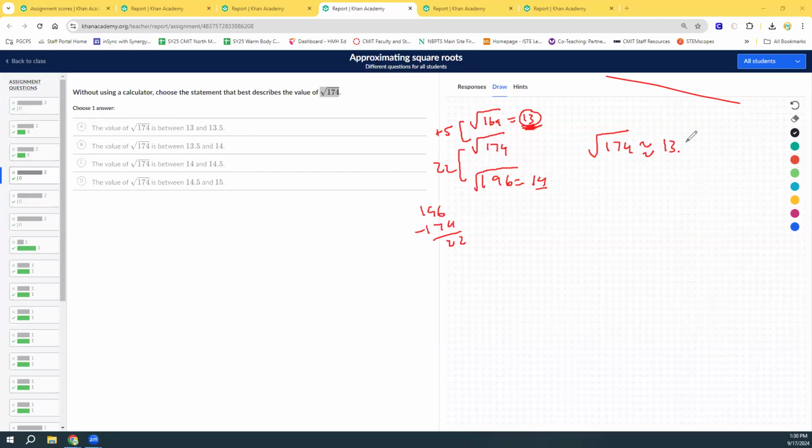So if it was exactly in the middle, like these numbers were the same, we would say 13.5, but it's not. It's definitely closer to 13, so maybe 13.1, maybe 13.2, just approximating. We definitely know it's going to be between 13 and 13.5. So say A.